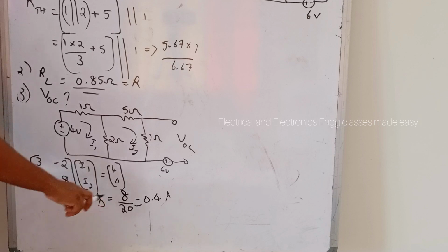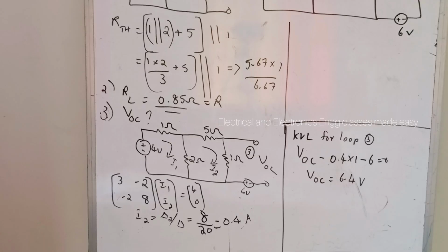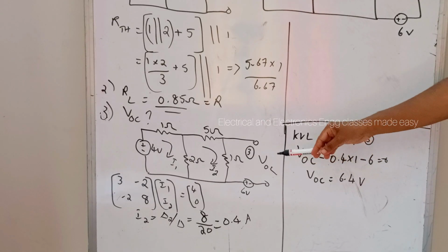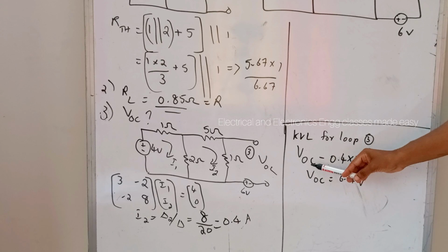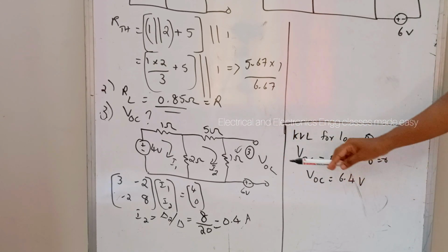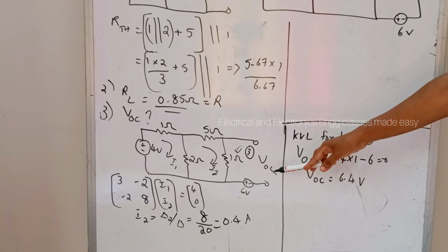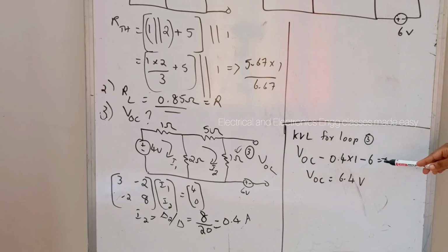Now we can apply KVL in this third loop. We will get VOC minus the voltage drop in the 1 ohm resistor, 0.4 into 1, that is I2 into 1, minus 6, because this is plus 2 minus, equal to 0. So we will get VOC equal to 6.4 volt.